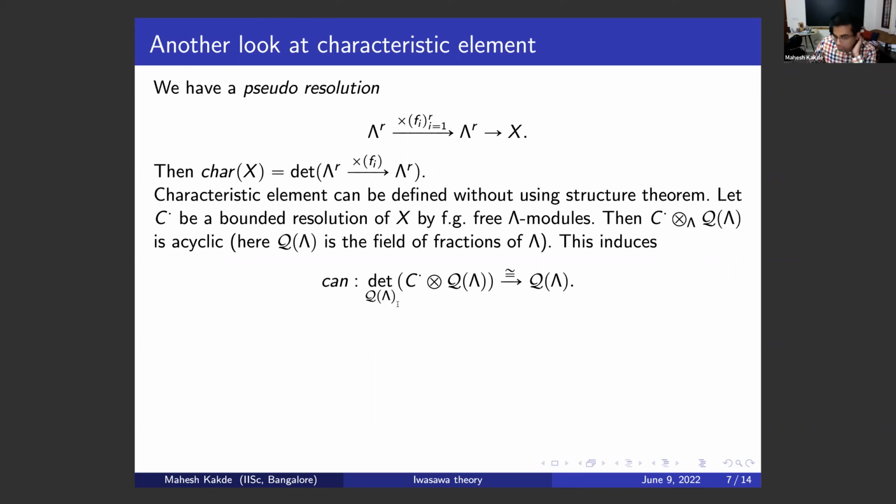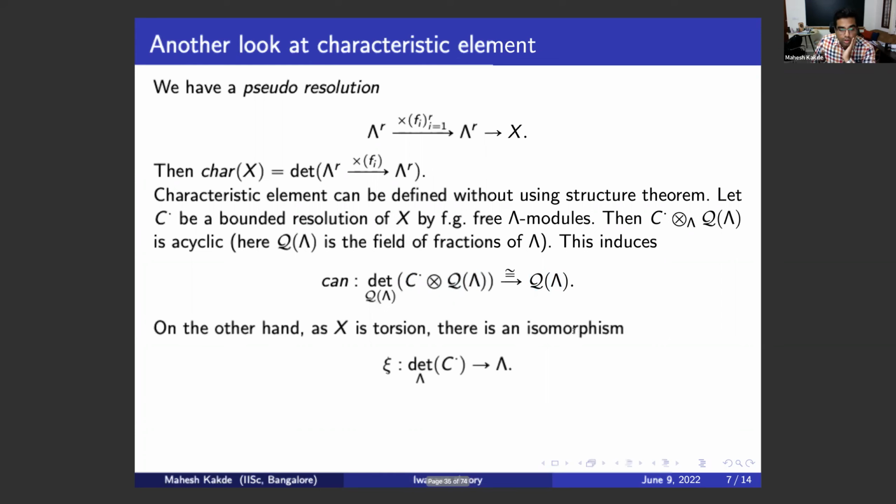There's a construction by Deligne that I'm going to use without saying what it is. So if you have a bounded exact sequence, then you can get a canonical isomorphism between the determinant of that complex and the ring itself.